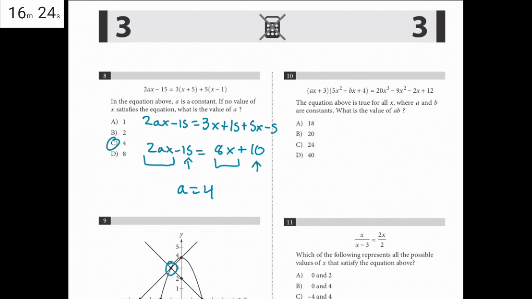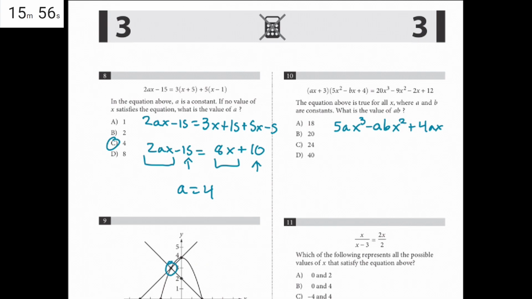I guess let's distribute this out. We'll have 5ax cubed minus abx squared plus 4ax, and then we'll have... oh, hold on, I think we might be able to solve it from just here.